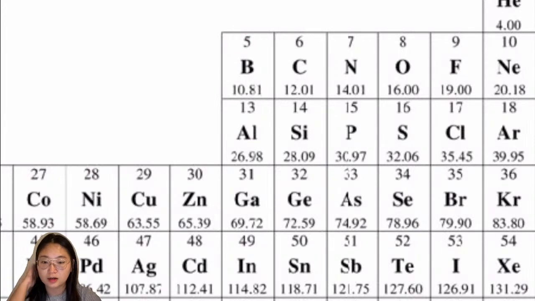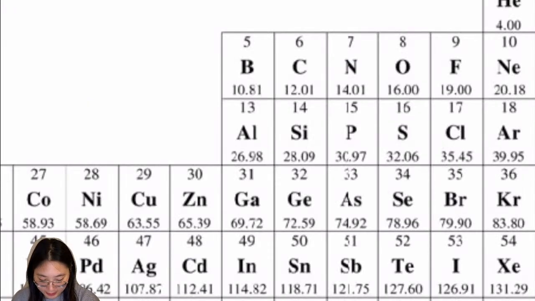This is just like the ID card of each element. And then at the bottom, we have numbers such as 10.81 for boron. It represents the atomic mass for the element boron, or 12.01 for carbon. That represents the atomic mass for carbon.